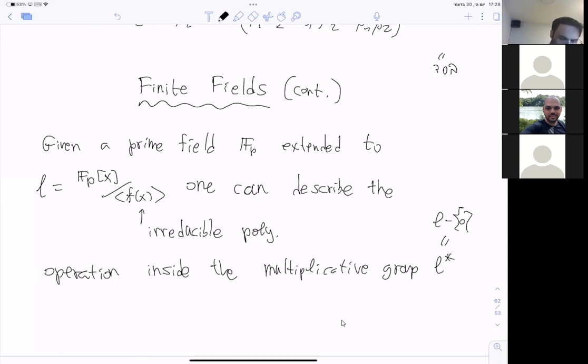This is the multiplicative group, using a matrix realization over the base field.